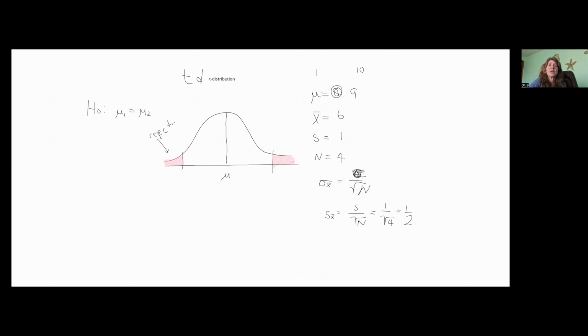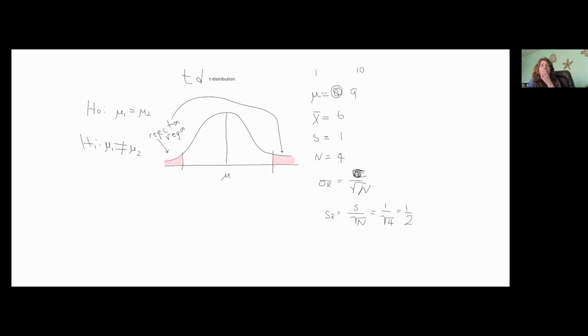We can't just say it's because of chance, right? We are going to say that this is too much for us just to ignore it. And so we're going to reject the null, and that means we're going to accept the alternative, which means the means are different, right? In this case, that your belief does not match my belief.